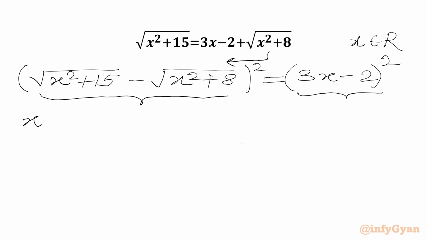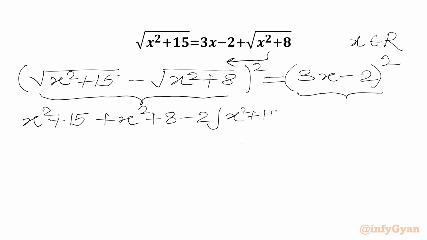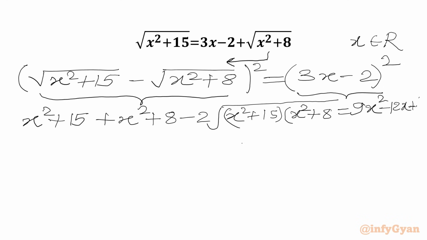We will get the square of square root of x square plus 15, which is x square plus 15, plus the square of square root of x square plus 8, which is x square plus 8, minus 2 times square root of x square plus 15 times x square plus 8, and in the RHS we will write 9x square minus 12x plus the square of 2, which is 4.